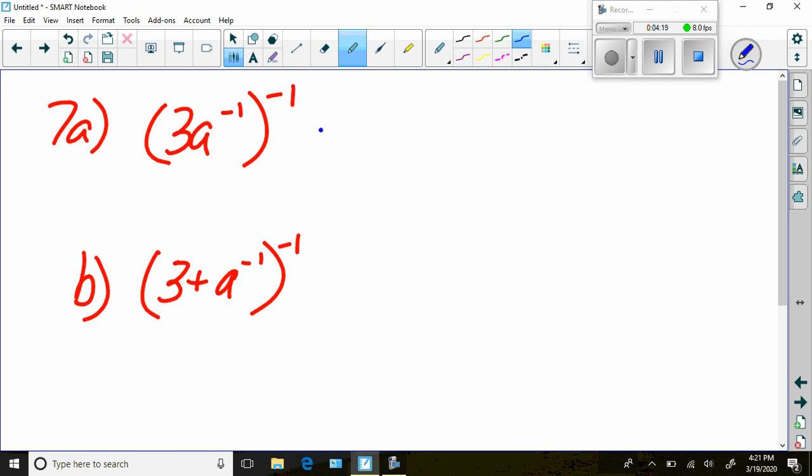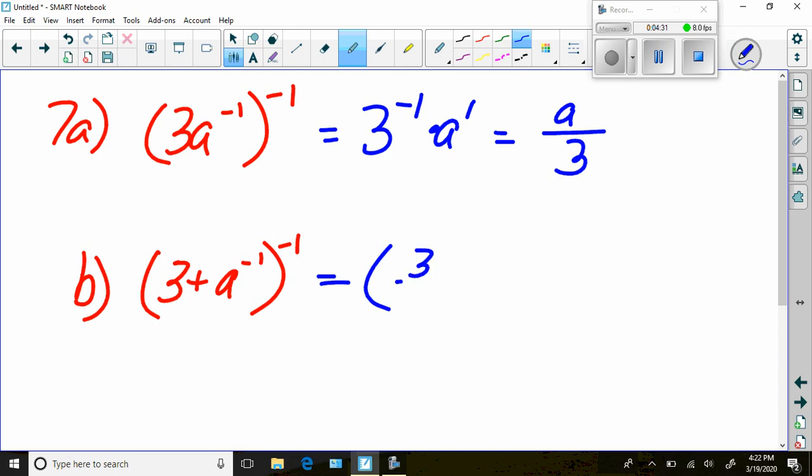Number 7, is 3 to the -1 times a to the 1st, which is just a over 3. Next one, little tougher. Here we go. So this is 3 over 1 times 1, oops, sorry, plus 1 over a to the -1. Okay, so then I got to get a common denominator.